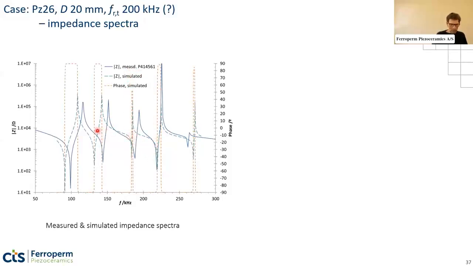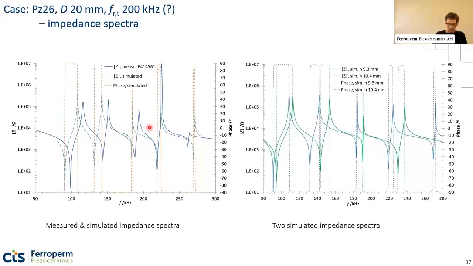You see they are not completely precisely predicted, but you see exactly the same trend with the FEM model. And then with a different height in simulation, you can actually see the influence of the thickness.